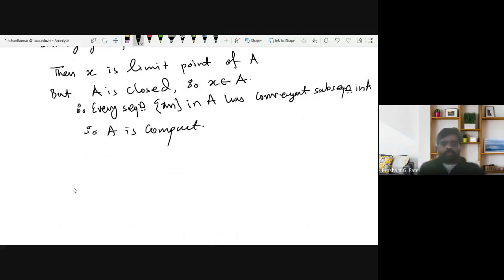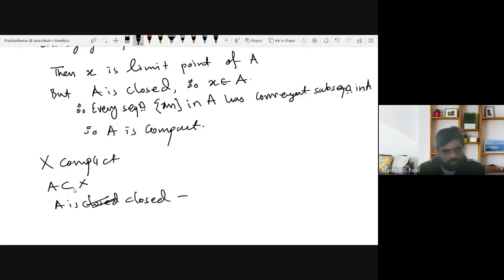So which proves that if X is compact and A is a subset of X, A is closed, then A is compact.